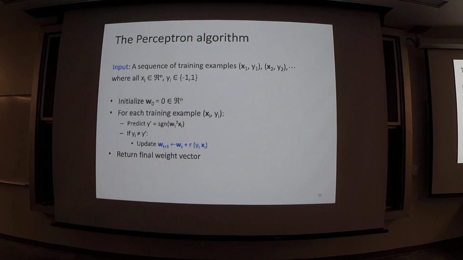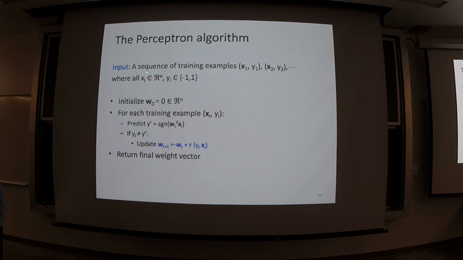So here are the algorithm details for perceptron. Our input for this algorithm is a sequence of training examples. We can view them as pairs of input and output: x1, y1, x2, y2, and so on. The algorithm requires that you feed the input in a streaming, online fashion: x1, y1, x2, y2, x3, y3, until xn, yn.